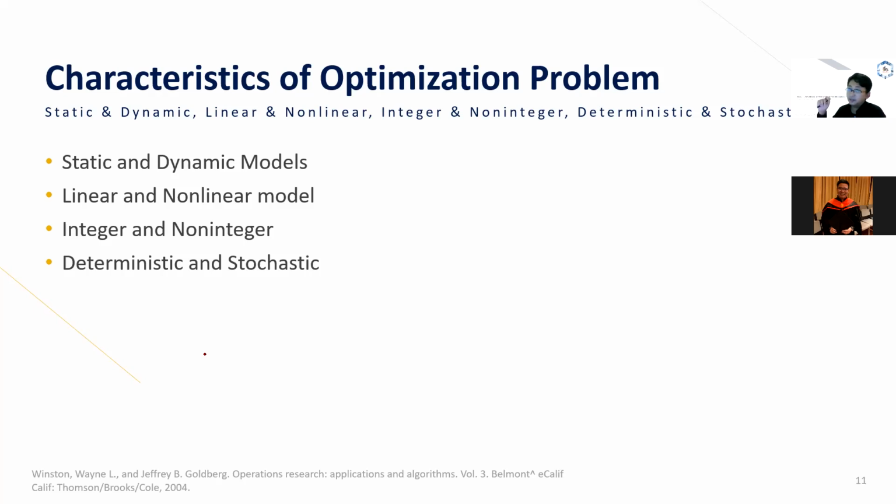So when you want to check whether a model is linear or non-linear, you need to observe the form of its decision variables.